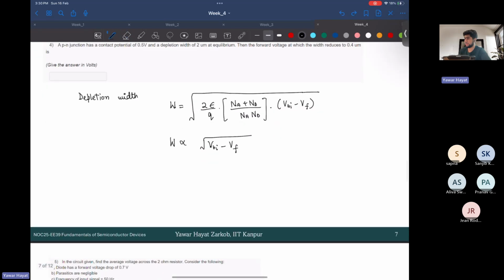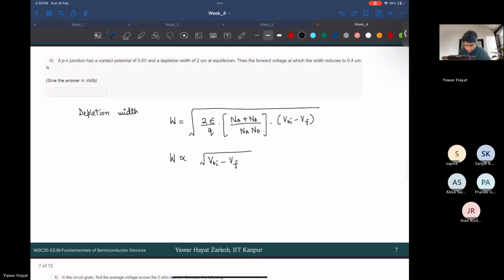Now, what about W1 then? Your W1 is the depletion width under unbiased conditions, when you're not applying any bias. What is that W1 equal to? It's mentioned in the question. I'm asking just to ensure that you are attentive. What is this unbiased depletion width?